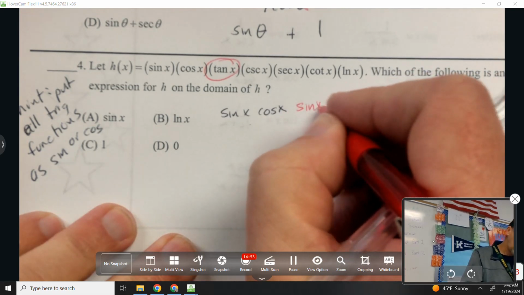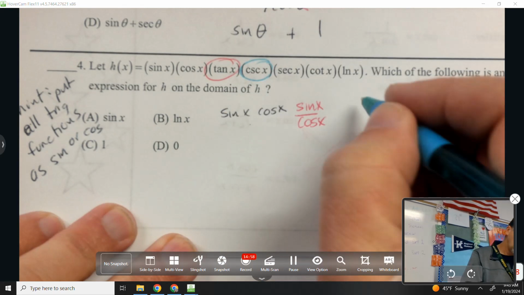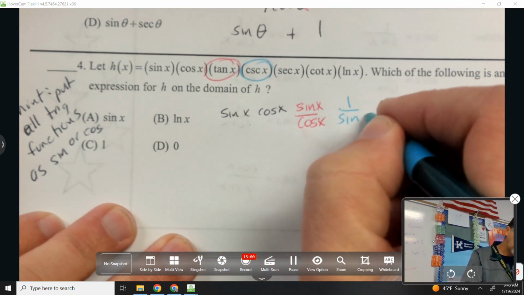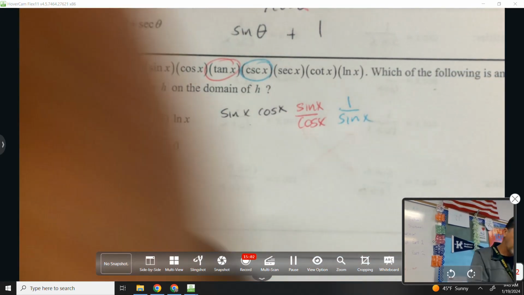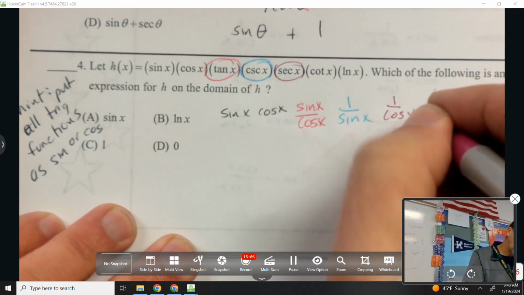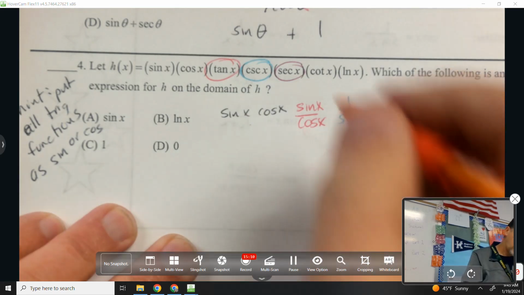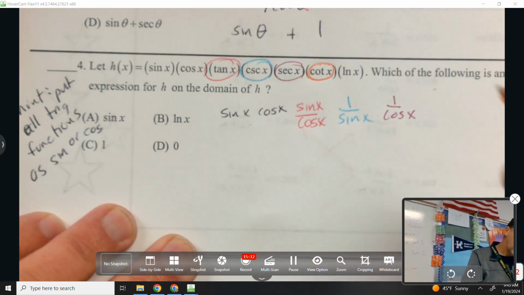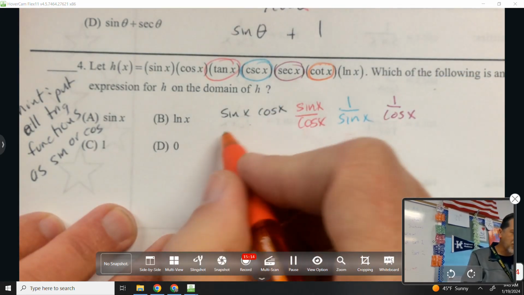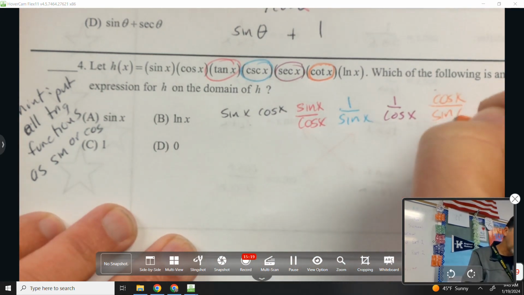So tangent is sine over cosine. Cosecant is 1 over sine. Secant is 1 over cosine, and cotangent, well, it's 1 over tangent, but since I've got everything in sines and cosines, I should probably go with sines and cosines.